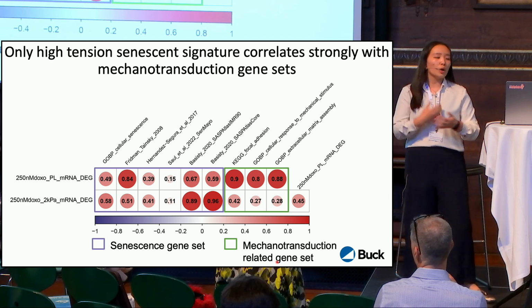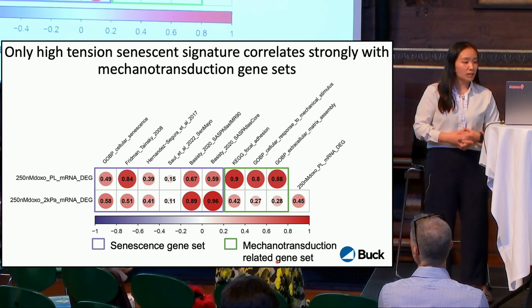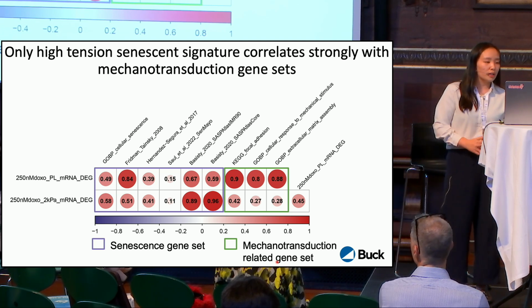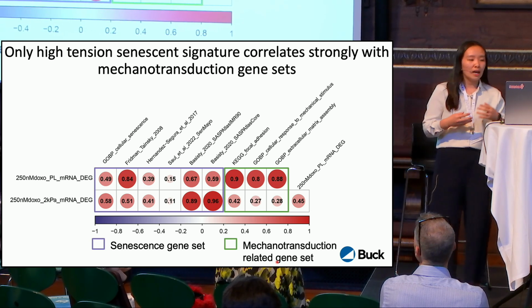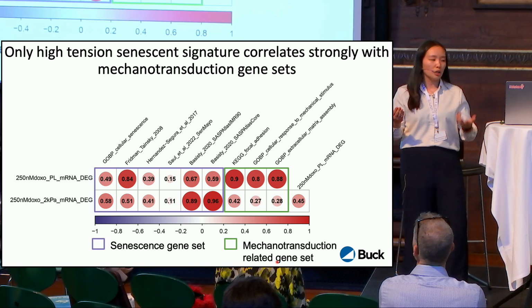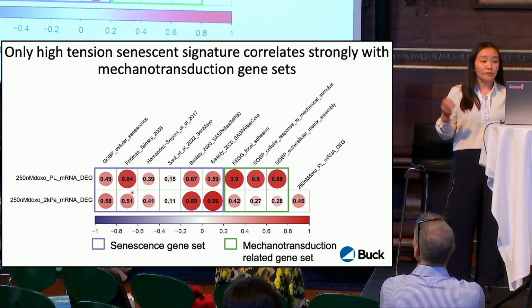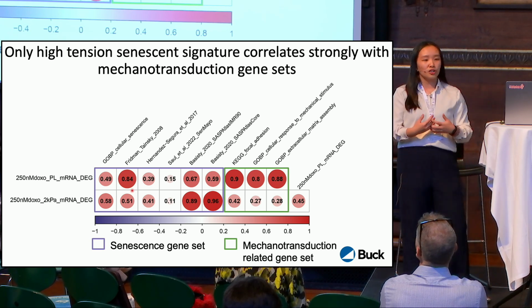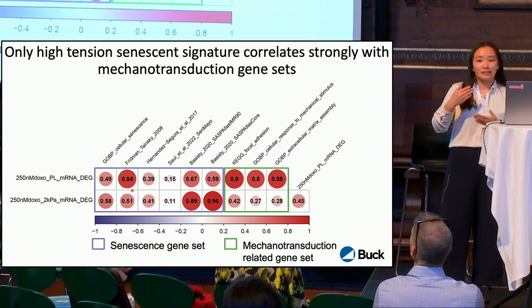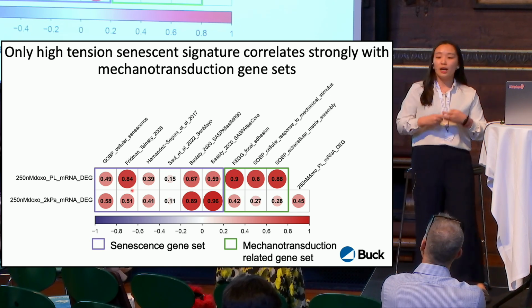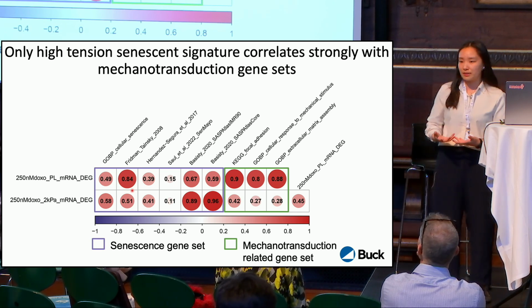Because we also performed mRNA sequencing, we extracted the differentially expressed genes of cells that are cultured in either the high tension condition or the low tension condition. The first thing we did here is a correlation analysis. We found, not very surprisingly, that the senescent cells cultured in either condition show high correlation to senescence.